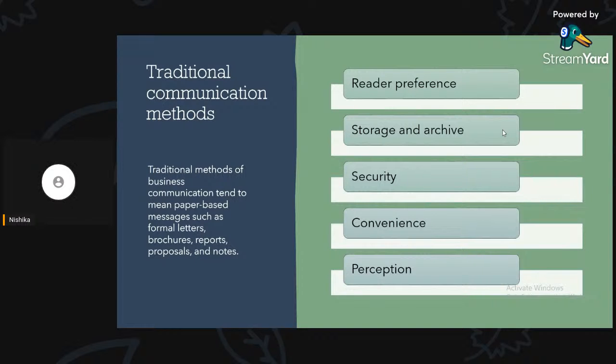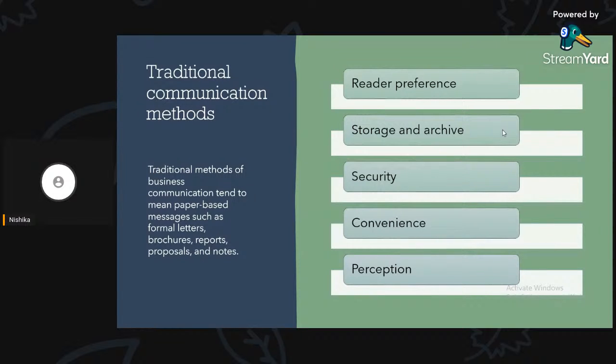Despite the fact that emails, texts, and other digital communication have been found to be legally binding, the storage and archiving of paper documents continues to be important since electronic storage is not foolproof, and records may get lost as well. So from the perspective of storage and archive, traditional communication methods were more reliable.